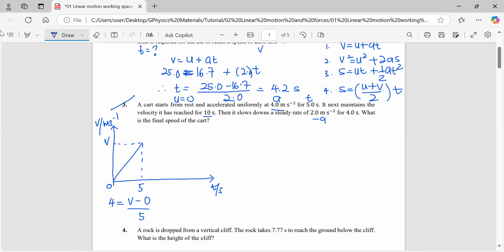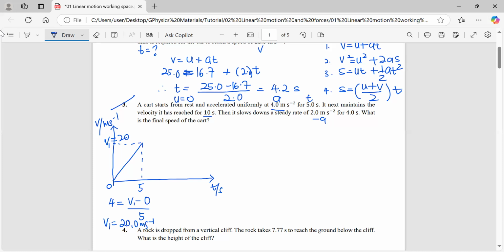So my velocity here, I can just put V1 first, easier. So my V1 equals 20.0 meters per second, or 20 meters per second. So I can put it now, 20. Done.